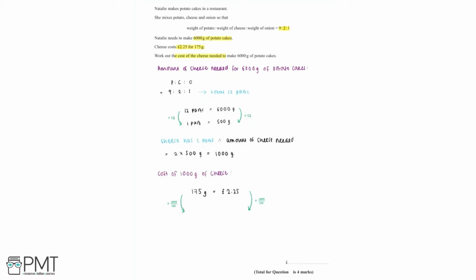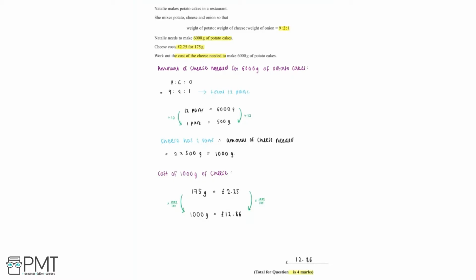Now 175 multiplied by 1000 over 175 is equal to 1000 grams, and £2.25 multiplied by 1000 over 175 is equal to £12.86. And so we've found that the cost of 1000 grams of cheese is equal to £12.86, and therefore the cost of the cheese needed to make 6000 grams of potato cakes is equal to £12.86.